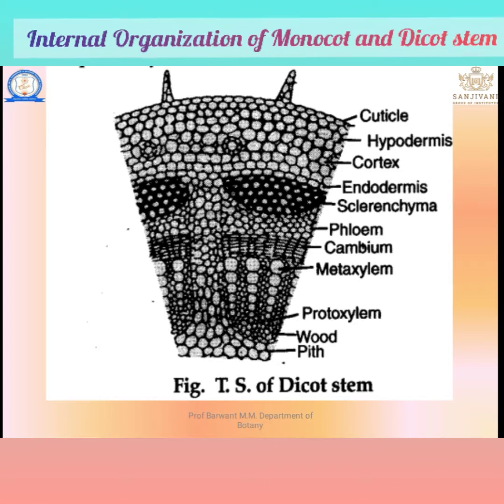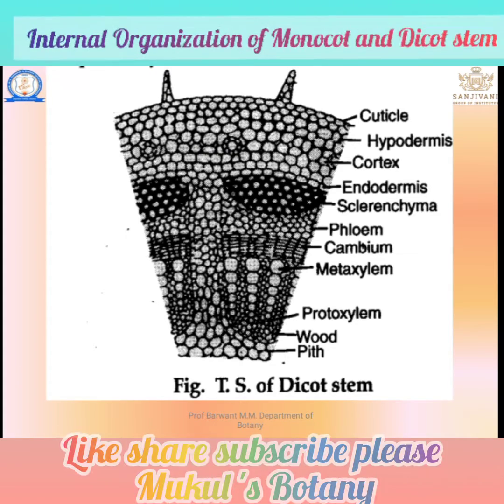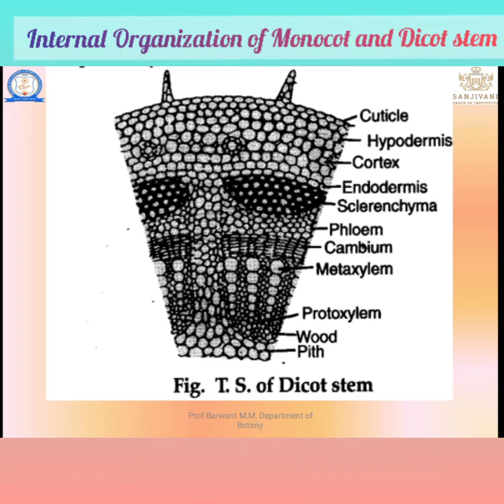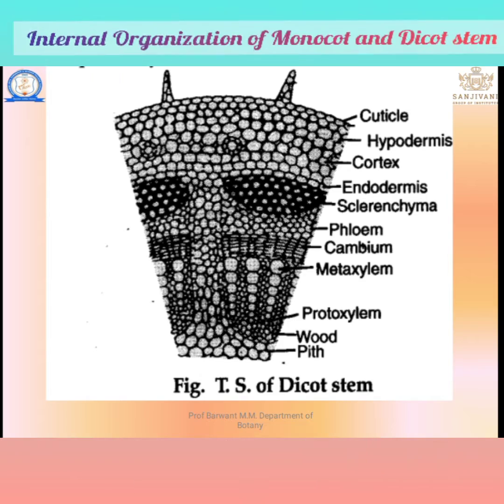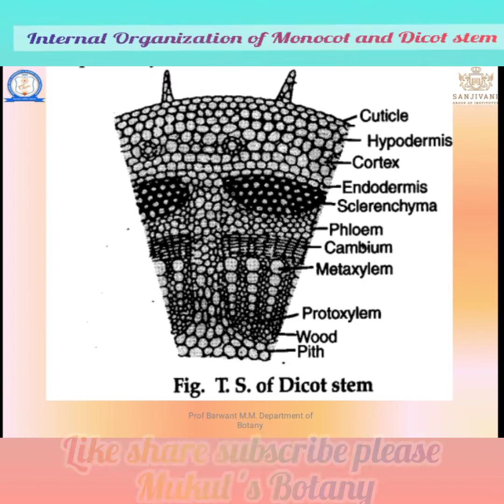After the cortex, the next layer of cells is known as the endodermis. After the cortex, a single layer of cells is present which gives protection to the inner part, the vascular bundle or pericycle.